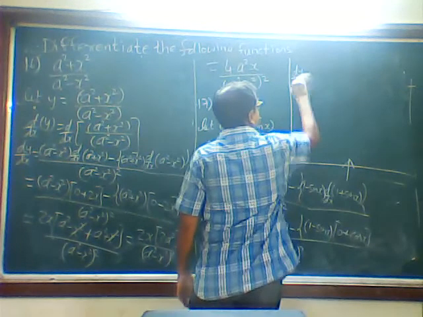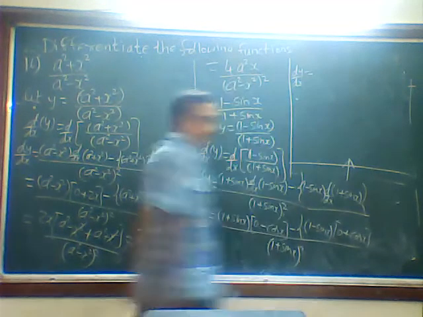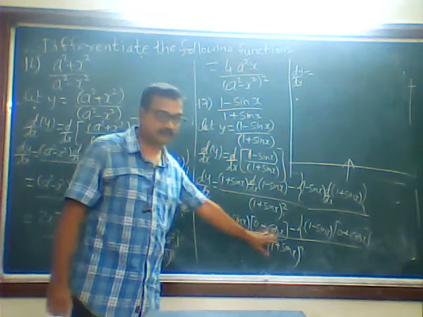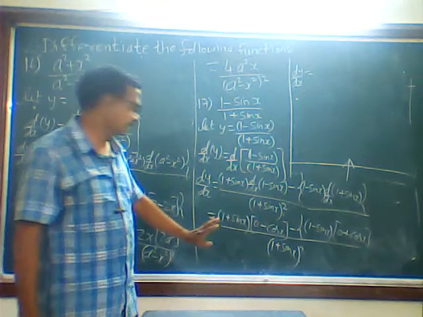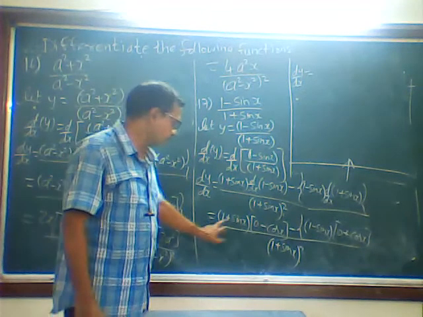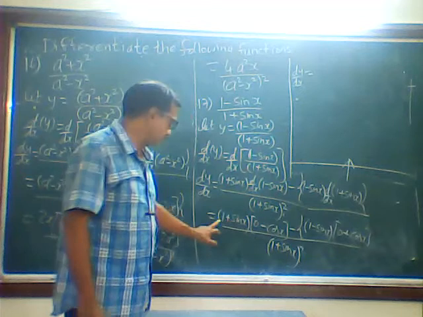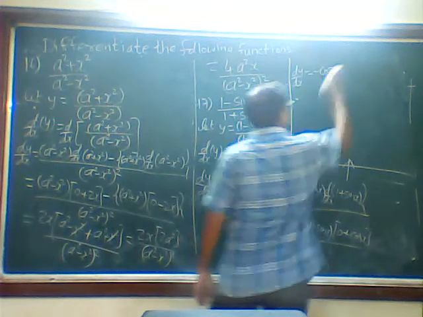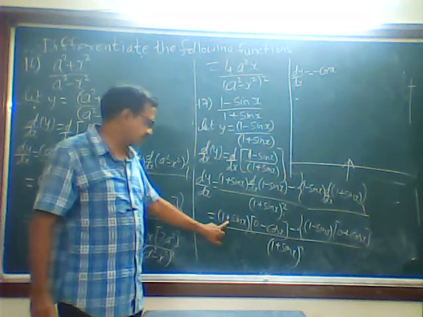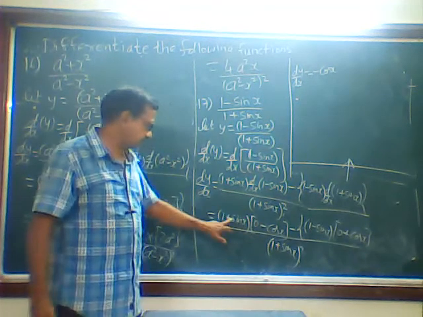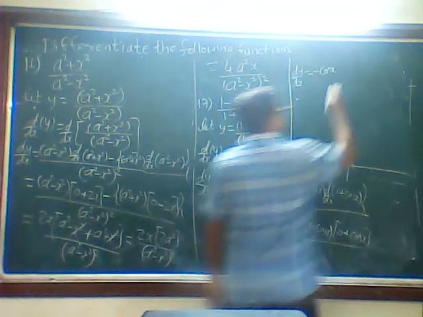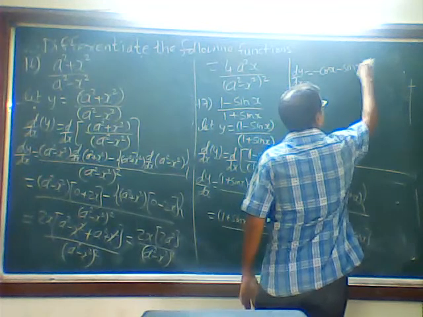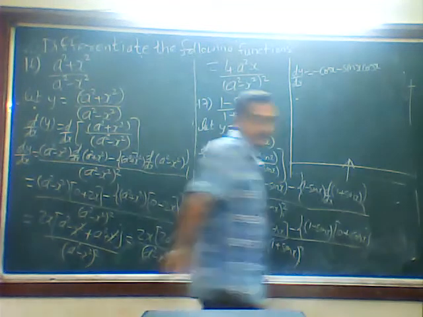dy by dx. Okay. In this problem what I will do? I will not take sin x common, cos x common. I can take it, but I will not. I will show you with the multiplication. 1 into 0 is 0. Don't write. 1 into minus cos x, minus cos x. Okay. Plus sin x into 0 is 0. Plus sin x into minus is minus sin x cos x. Okay.